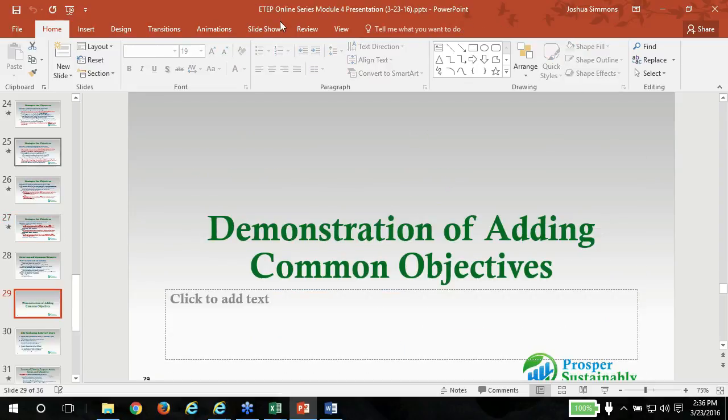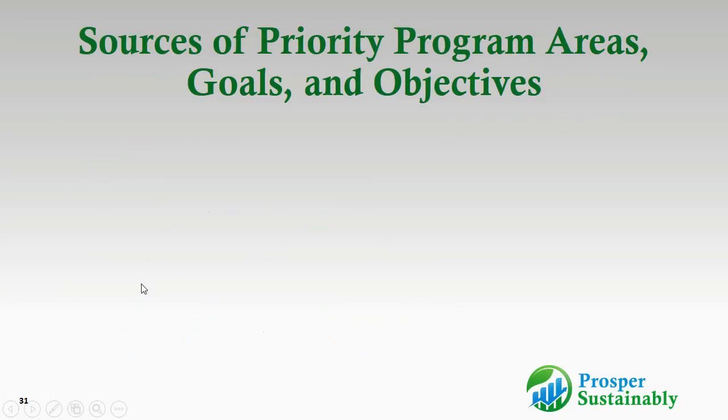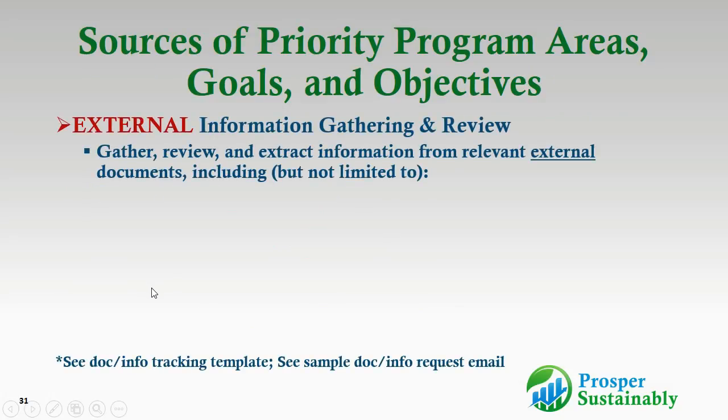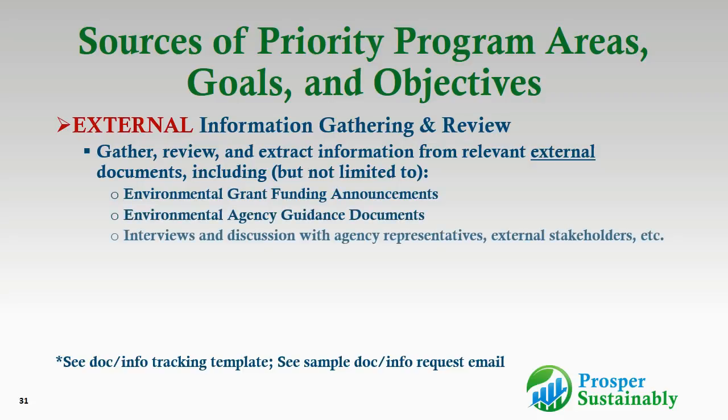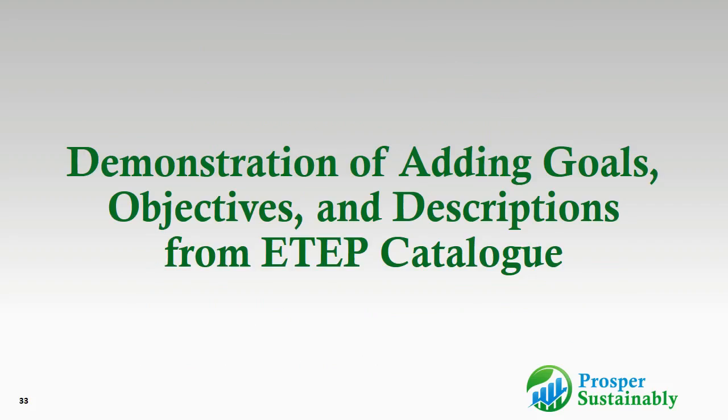Okay, so let's come back here. All right, I don't have time to walk through some of the other information gathering stuff. This is stuff I've already done before. I was going to do more demonstration of adding goals and objectives.